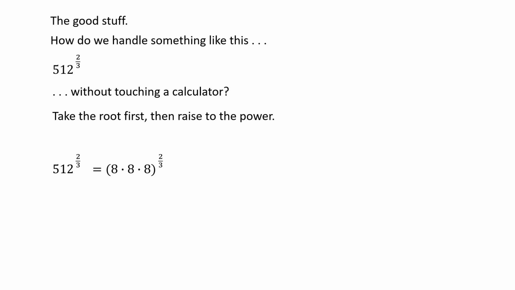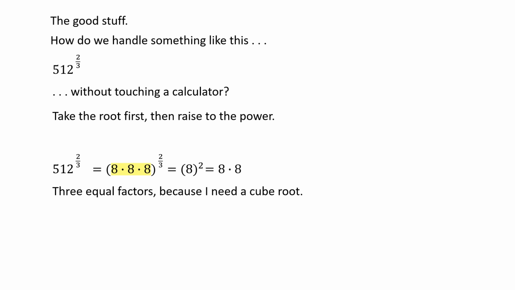So if I want the third root, I just want one of those 8's. Notice on the exponent, I only have the 2 now, right? We've used the denominator of 3. I don't need that anymore. So now I've just got 8 squared. Well, that'll be 8 times 8. That'll be 64.